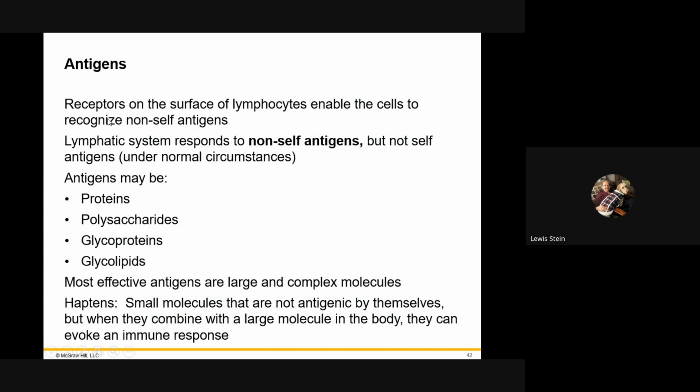So there are specific receptors on these traveling white blood cells that are there to recognize self, and now they're saying it appropriately, non-self. The system responds to non-self, but not to self normally. That's a big deal when it comes to these cells.